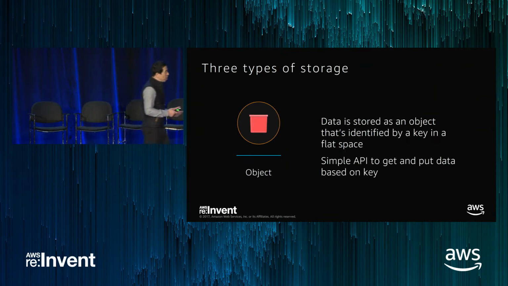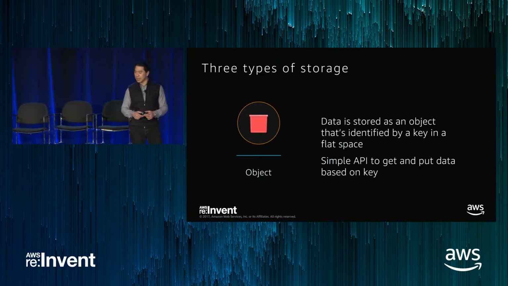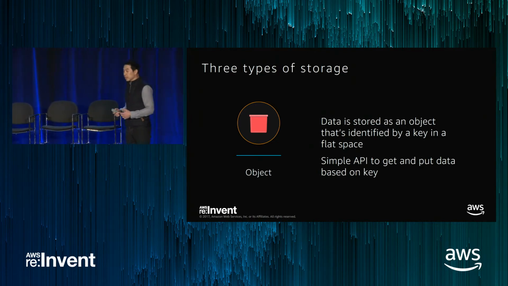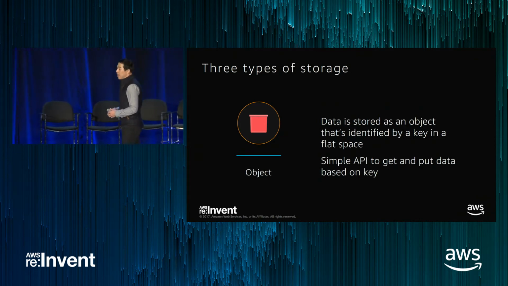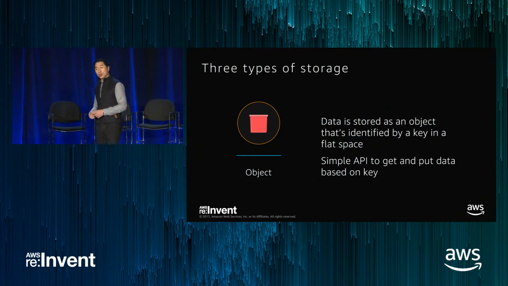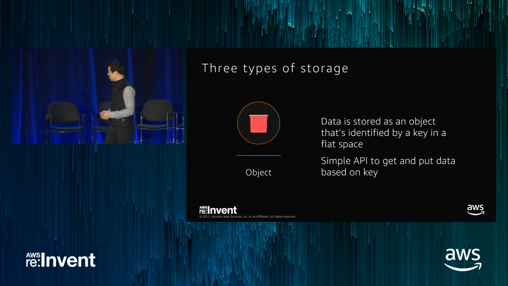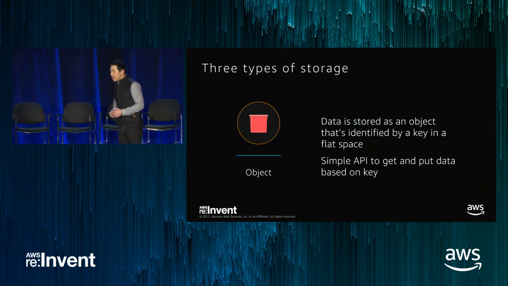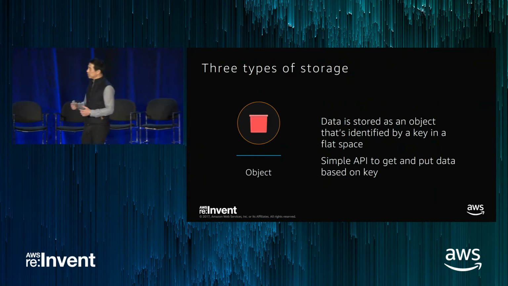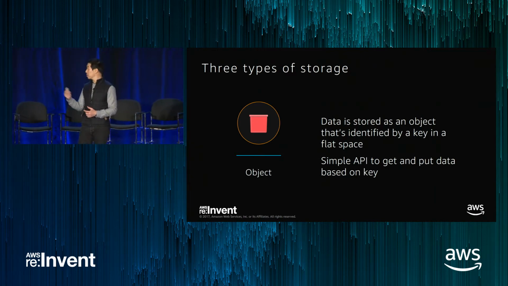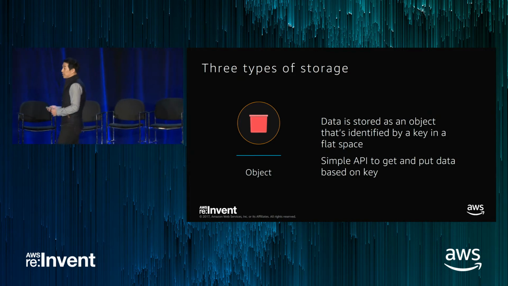And lastly, with object storage, data is stored in a container called an object that is identified by a unique key. And it's stored in a flat space, so not a hierarchical directory. And there's a simple API to both get and put data, typically over the internet.